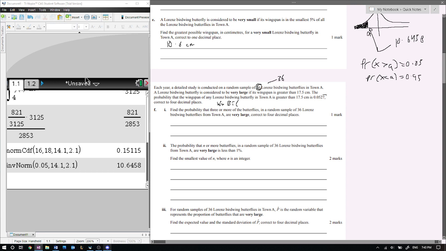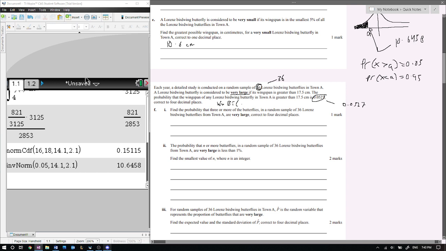It involves a probability of success, which is in this question 0.0527, and you have one set outcome: either a fail or a success, and in this question we do. So the one success is it's very large. If something's not very large, then it's just a fail. So I'll just write this out for clarity.